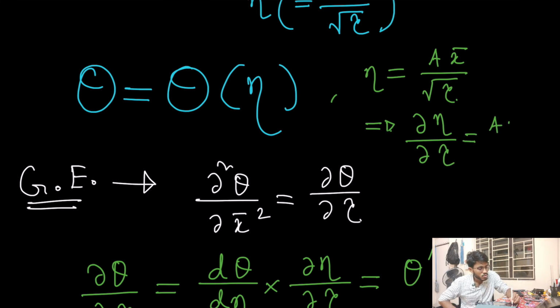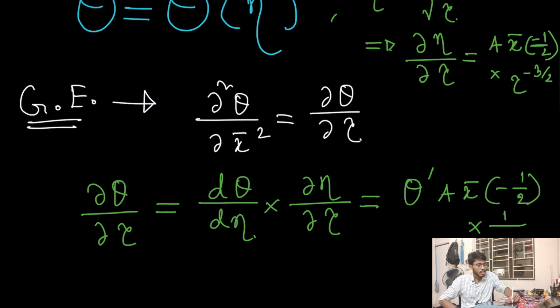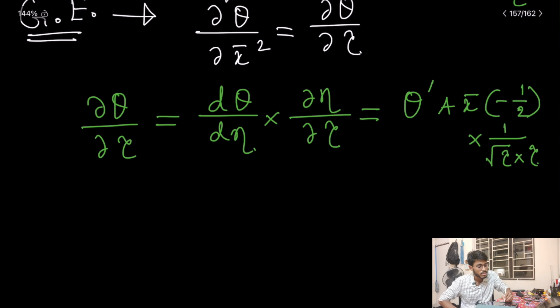That will be equal to a into x bar, into minus half, into tau to the power minus 3 by 2, okay. So this will be a into x bar into minus half, into root tau into tau, because 1 by 2 plus 1 equals 3 by 2, right?